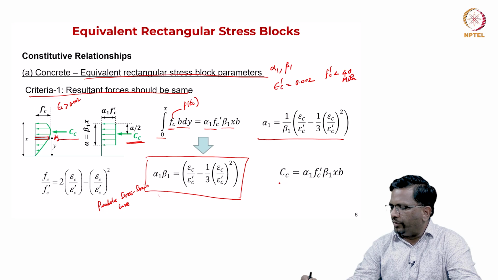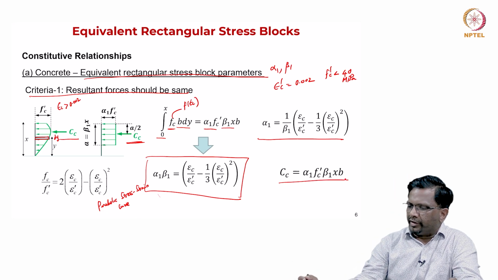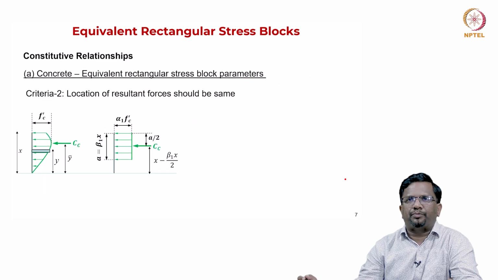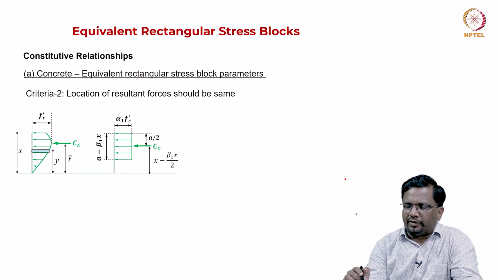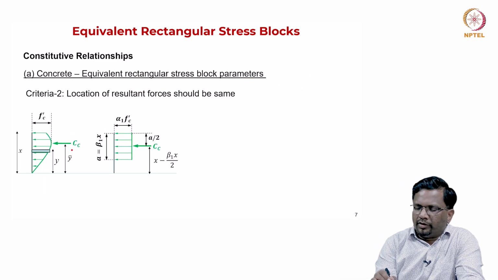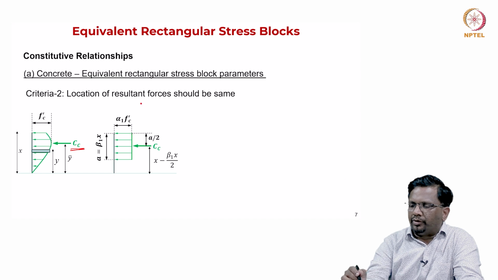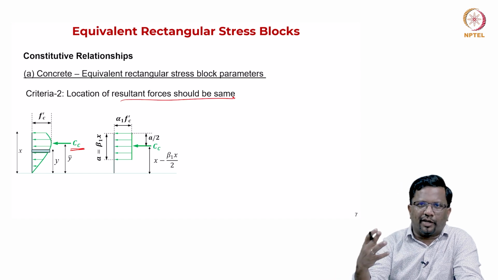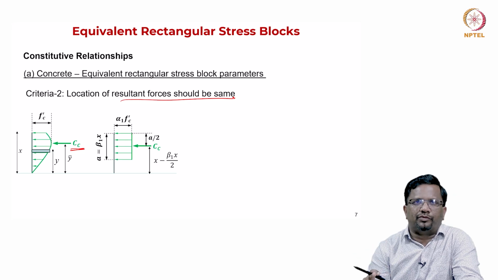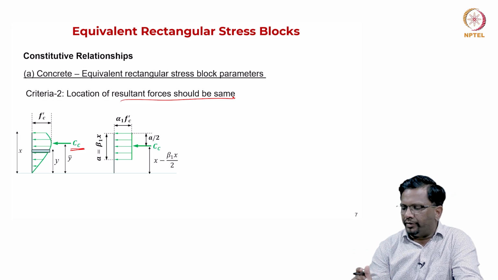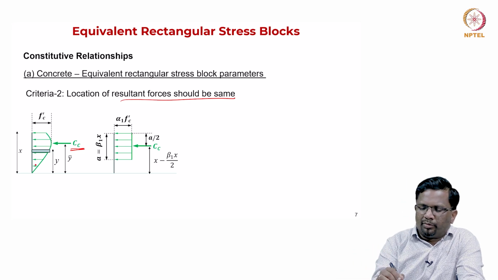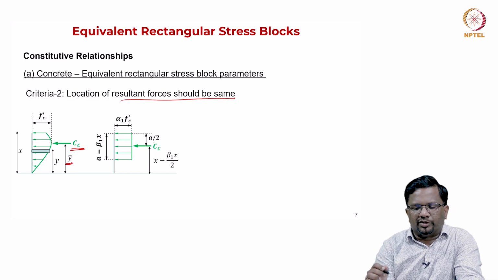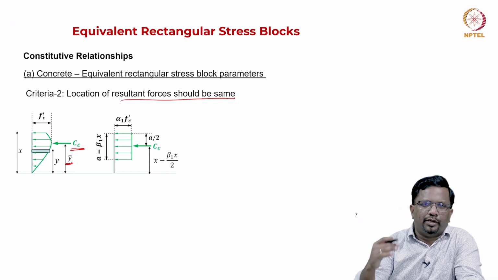So, from here we know that C c, which we have already explained, is alpha 1 f prime c beta 1 x into b. Now, what is the second condition? The location of your C c should also be the same. The C c magnitude should be the same and also the location of C c, then only they will be equivalent. For example, if you integrate this block, it is going to be at some distance, let us say y bar from the neutral axis.